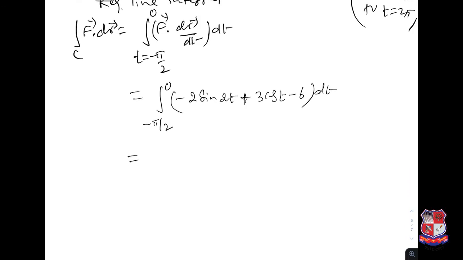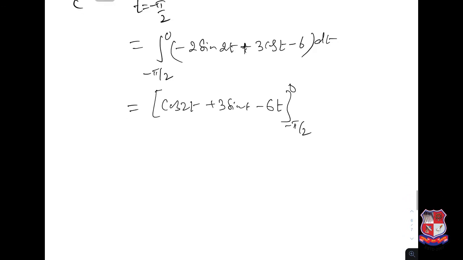That's not difficult to integrate. So if you integrate this, integration of sine 2t is minus cosine 2t by 2, 2 cancel, minus minus plus, so this is cosine 2t. Integration of 3 cosine t is 3 sine t, and minus 6t, from minus pi by 2 to 0.